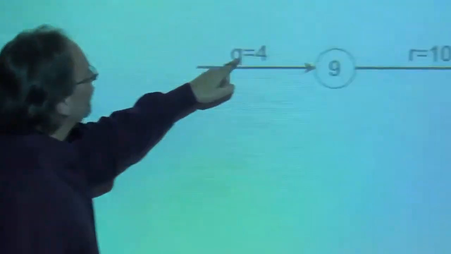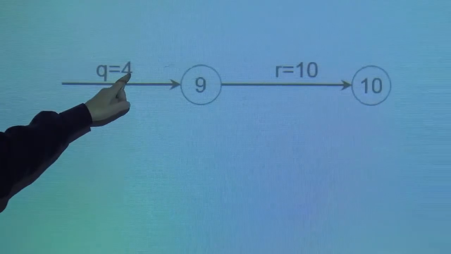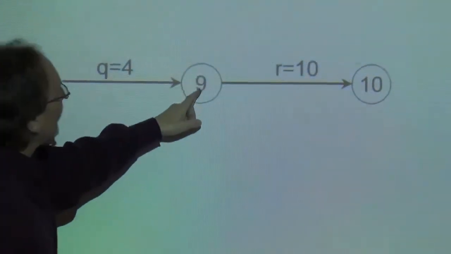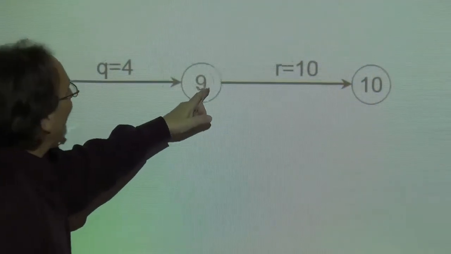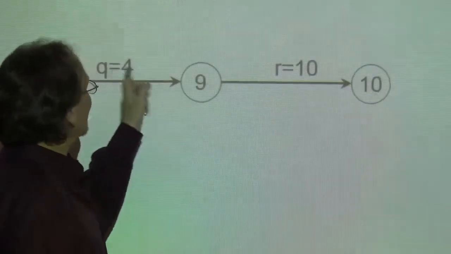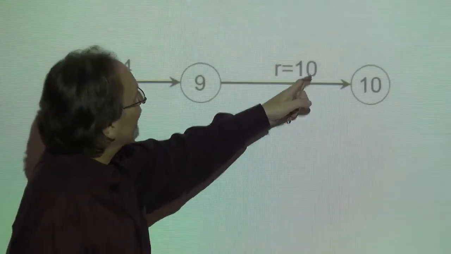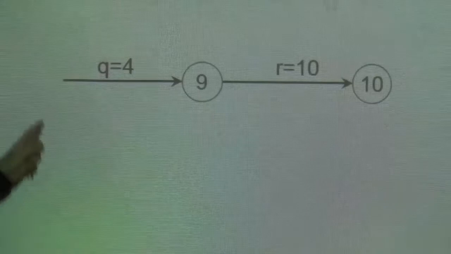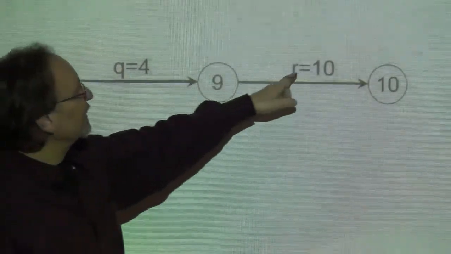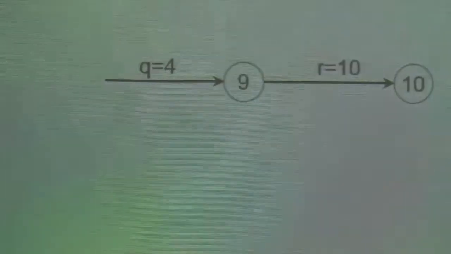After we've finished Q, which takes 4 units of time, we go through node 9, arbitrary, and Q has to precede R, which takes 10 units. All this indicates is that Q must precede R. It's its predecessor.